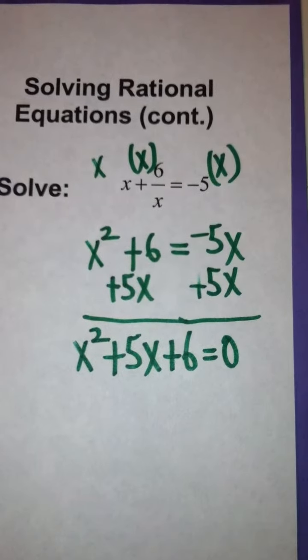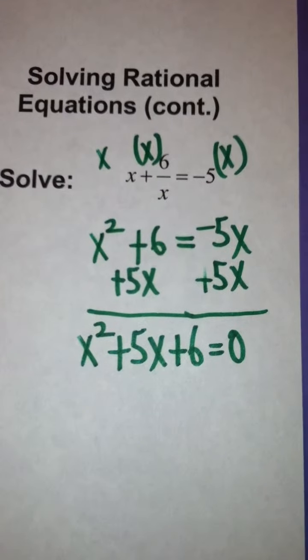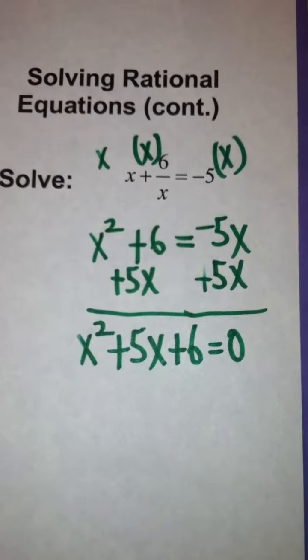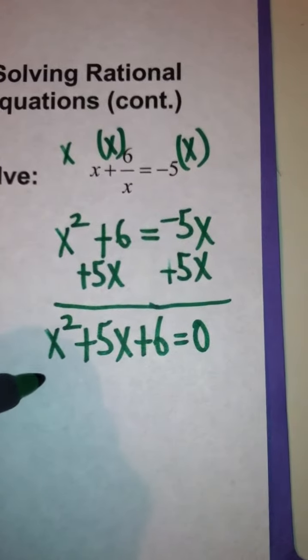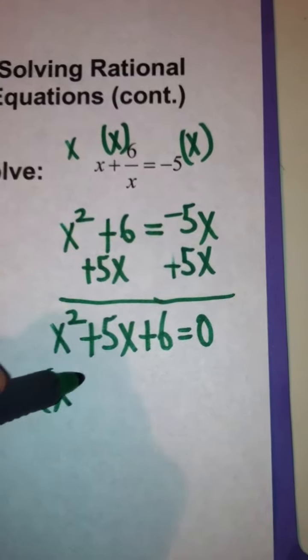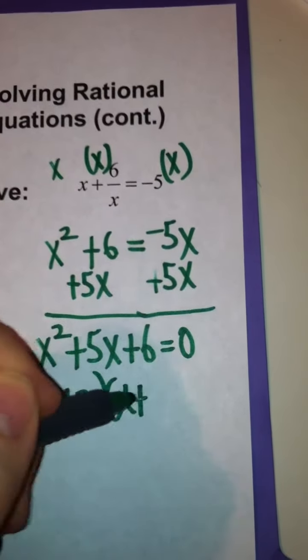We have a trinomial that we can factor. So the factors of 6 that will add to give us a plus 5 are 2 and 3. So we can break down the trinomial as x plus 2 times x plus 3.